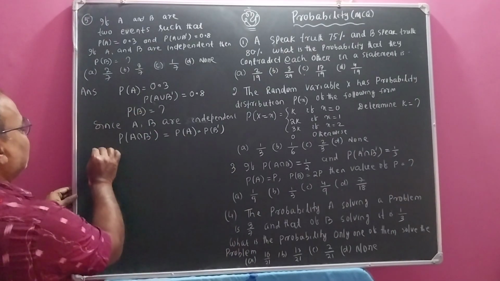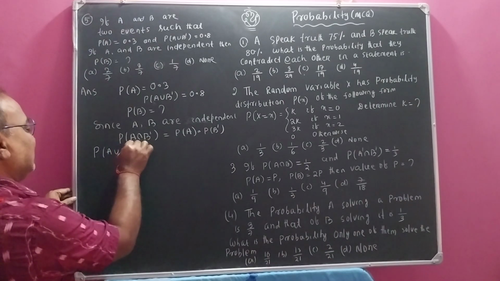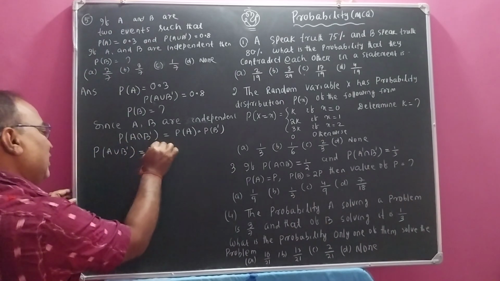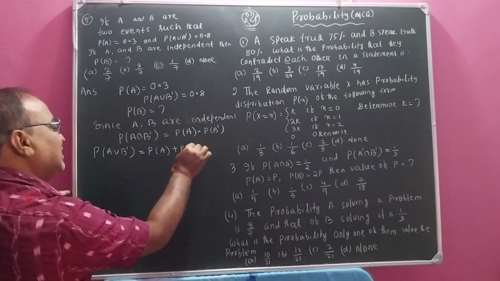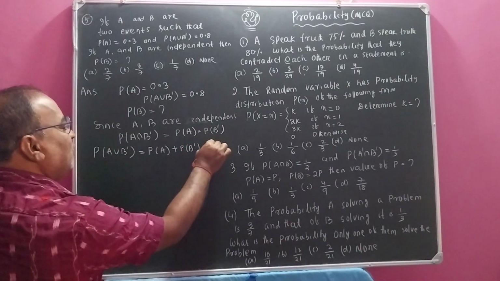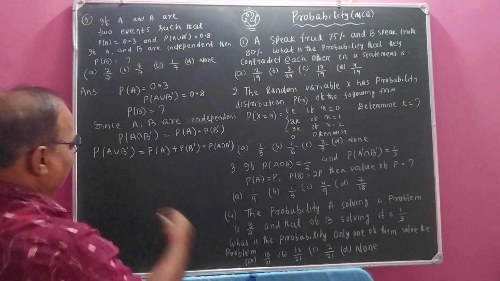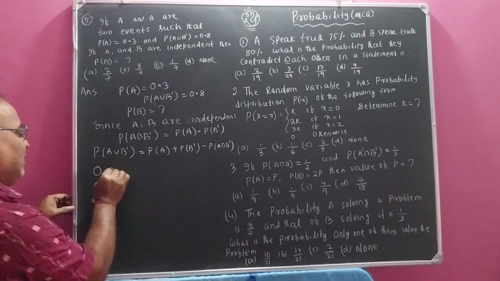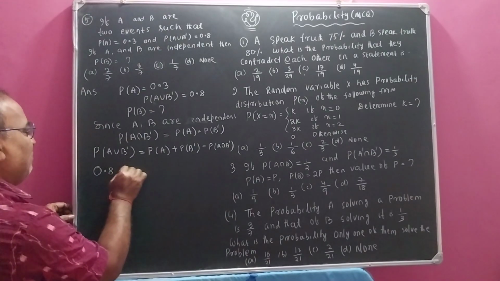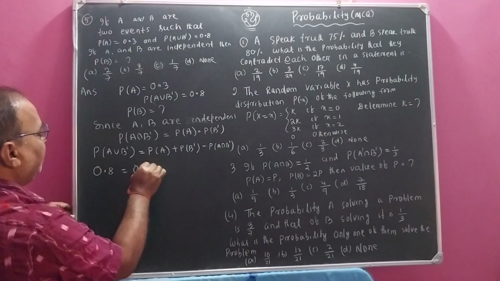Now start. Probability of A union B dash is equal to probability of A plus probability of B dash minus probability of A intersection B dash. It is given 0.8. Probability of A is given 0.3.